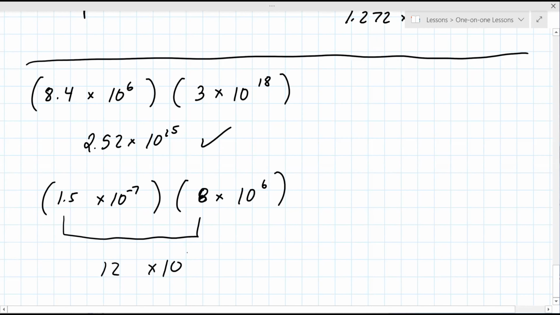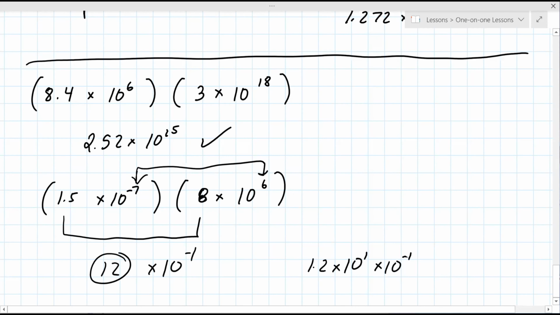So it's minus 7 plus 6 is minus 1. So now we have a problem here. This 12 is really 1.2 times 10 to the 1st. 1.2 to the 0th power.